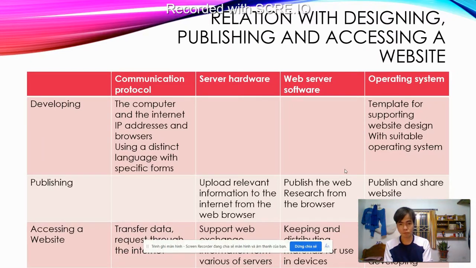It means the server hardware will upload the relevant result to the internet from the web browser for users to know. And the web server software will display the web research from the browser.